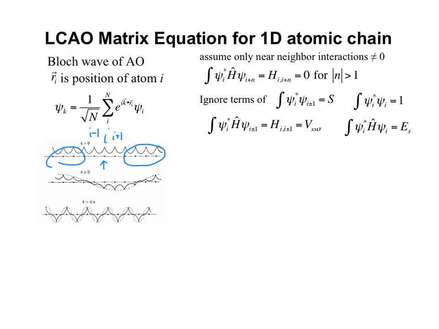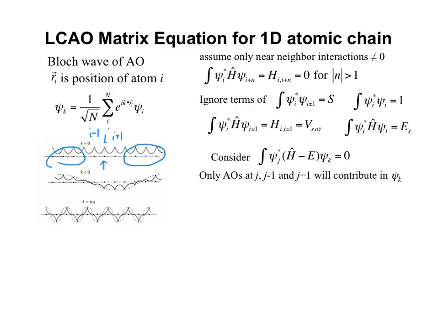This leaves us with then only three non-zero quantities: the normalization condition of an atomic orbital, the Hamiltonian of neighboring atoms, which will be equal to the interaction potential or bond integral, and the Hamiltonian of an individual atomic orbital given by its energy. Since our specific example here is a chain of s states, we have the energy of the s states and the sigma bonding interaction between two s states for the bond integral.